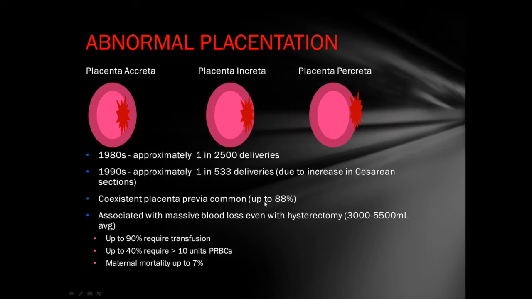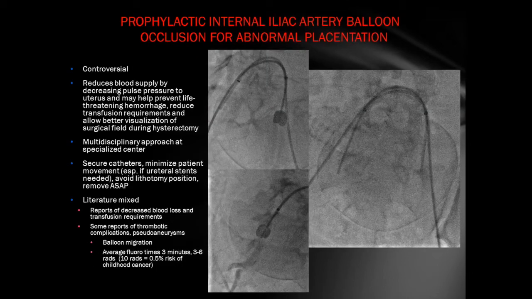So abnormal placentation can arise from the mildest form with placenta accreta, where the placenta is just slightly embedded into the uterine wall, placenta increta, where there's deep myometrial invasion, and then placenta percreta, as was suspected in this case, where it's actually invading through the wall and into adjacent structures, typically the urinary bladder.